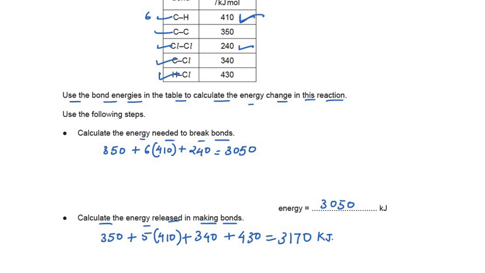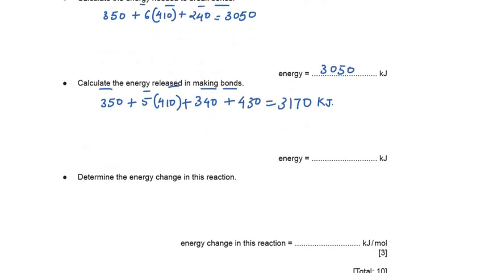So let's write that further in the space given, where we can write 3170 kilojoules in the dash given. Now what we are going to do is determine the energy change. Here we are supposed to find the change in the energy, that is the energy of the reactants minus the energy of the products.